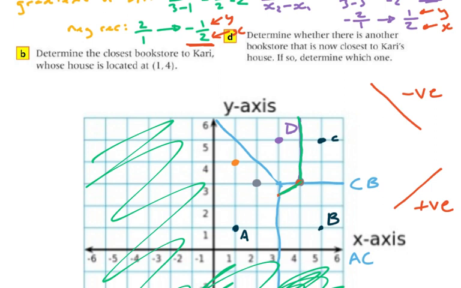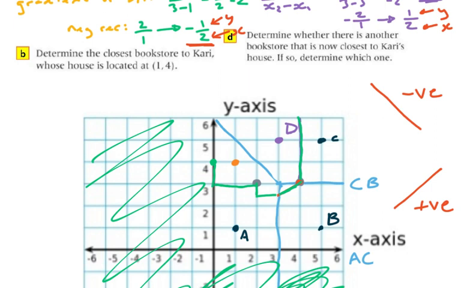So let's try and trace this out then. So here we go. I'm going to go all the way from here, I will rub this out later, to there. So I've gone across 2, up 1. Now, I'm also going to have to go down 1/2 and across 1 to get to that point I was at before.